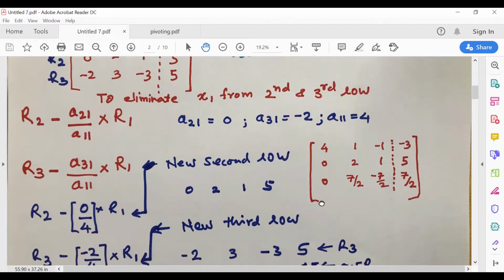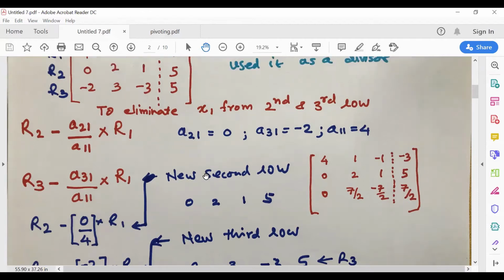Here our pivot element is not 4, our pivot element is 2. So below 2, can you check this number? 7 by 2.